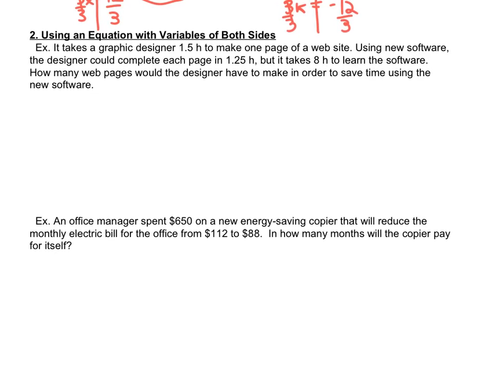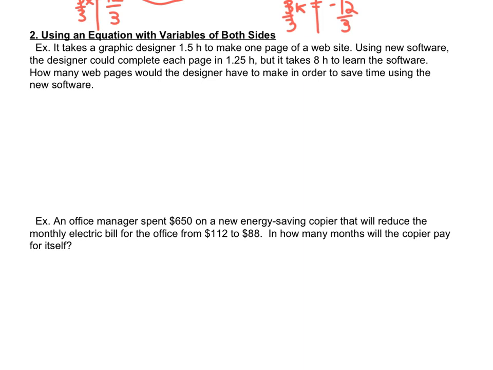So in example 2, it says it takes a graphic designer 1.5 hours to make one page of a website. Using new software, the designer could complete each page in 1.25 hours. But it takes 8 hours to learn the software. So how many web pages would the designer have to make in order to save time using the new software?